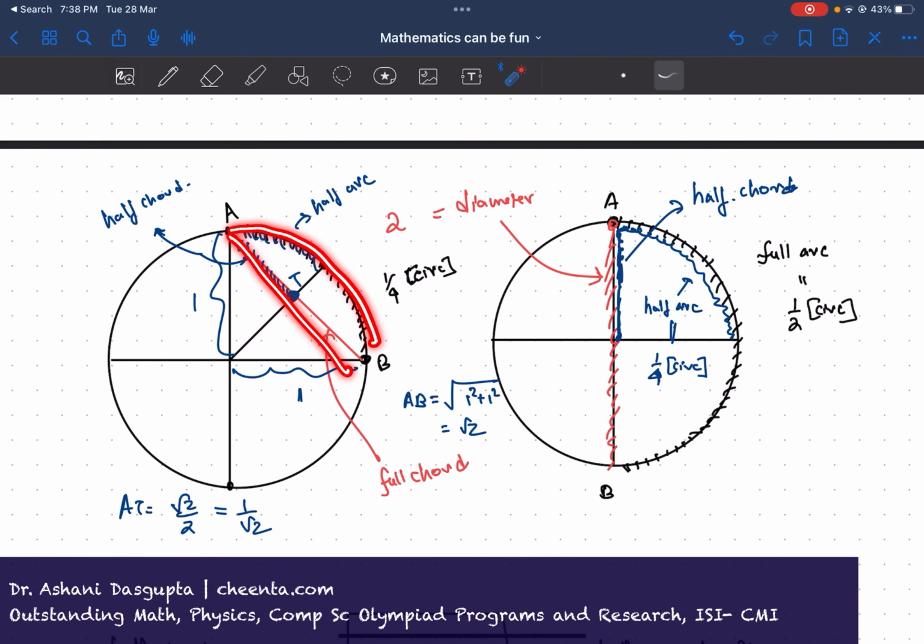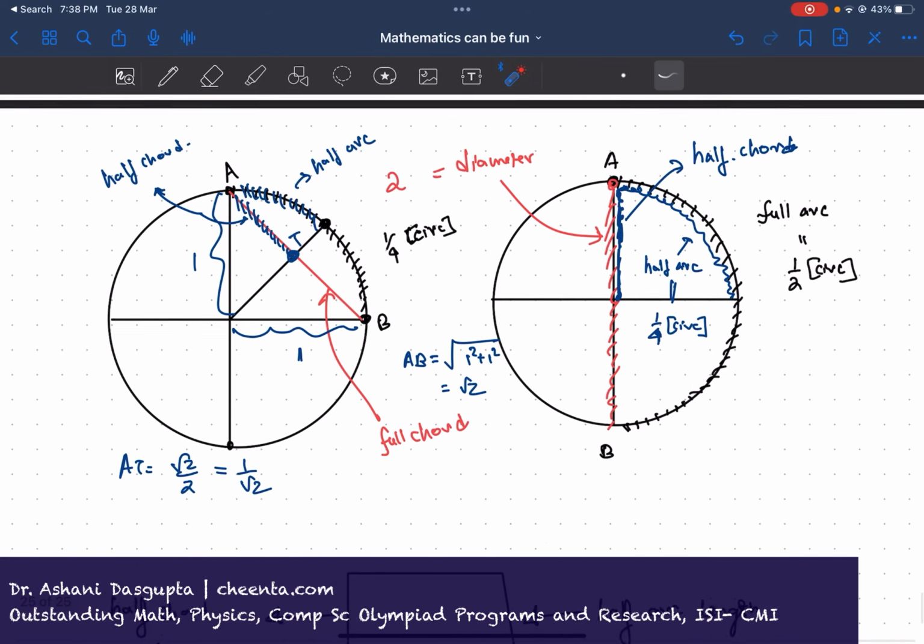They found that it is sufficient to compute half arcs and half chords, and when they did that, they ended up with a right angle triangle. That's the reason you sometimes start with a right angle triangle in a trigonometry textbook.